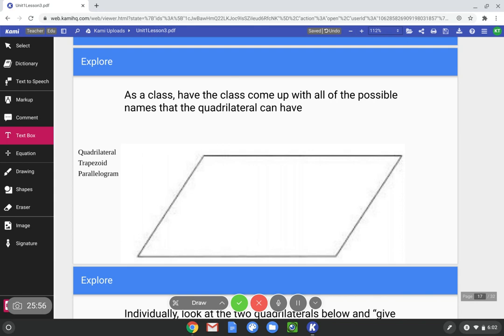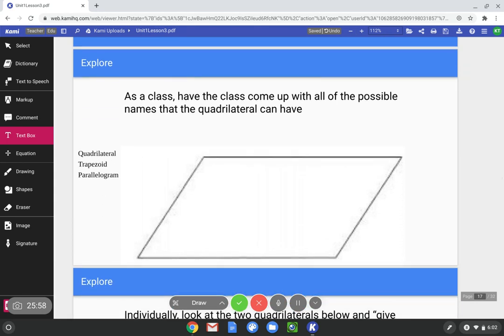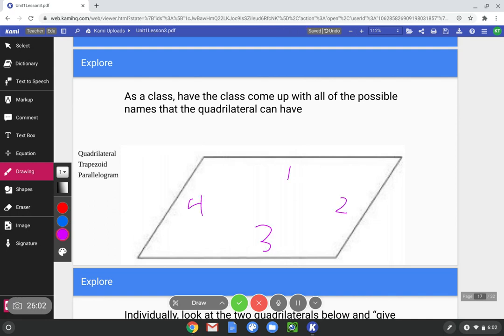How many sides? 1, 2, 3, 4. So quadrilateral, check. Any parallel sides? Yeah, these are parallel, so trapezoid. And line 1 and line 3 are also parallel, so it's a parallelogram also.